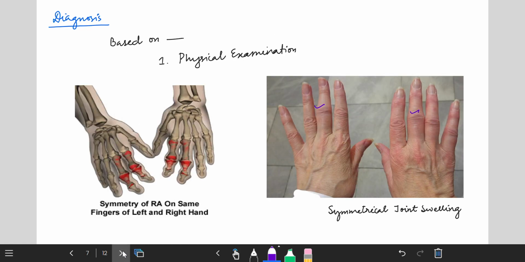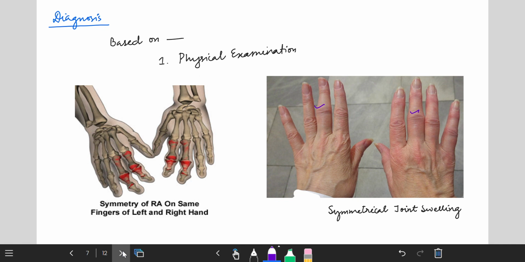Now, what are the diagnoses? Rheumatoid arthritis is very difficult to diagnose in the early stage, because in the early stage the signs and symptoms mimic other kinds of disease, like systemic lupus erythematosus.